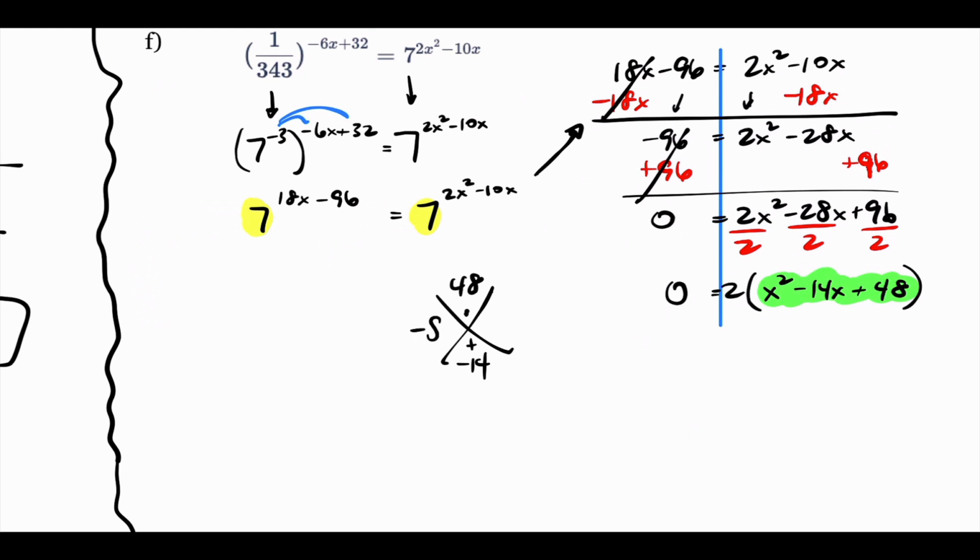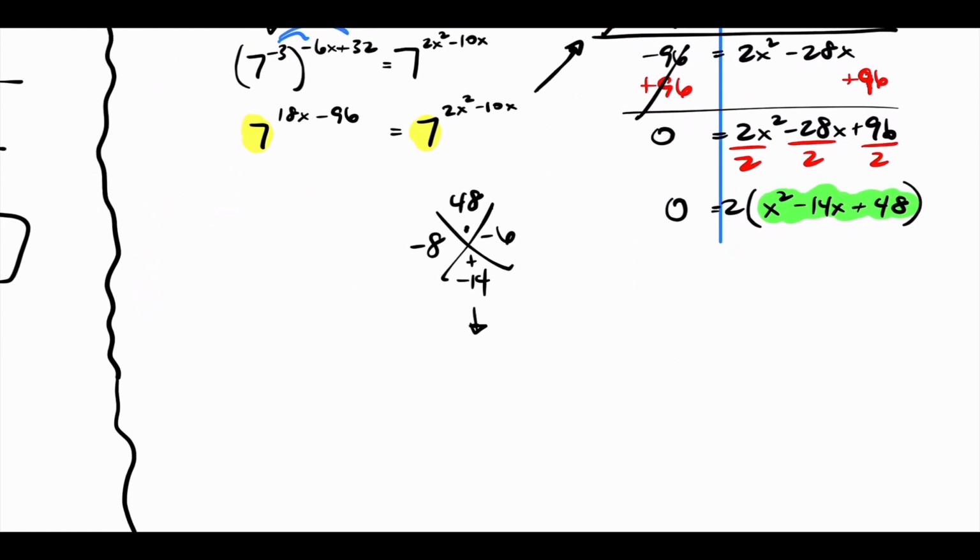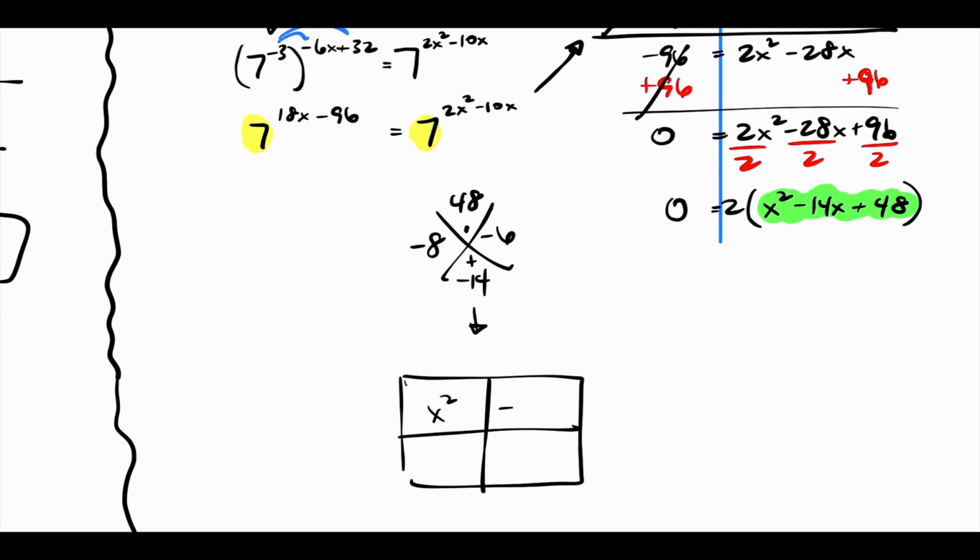Negative 8 and negative 6. Negative 8x, negative 6x, and positive 48. So x minus 8, x minus 6.